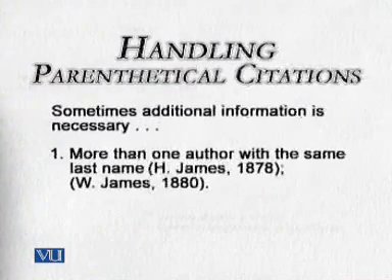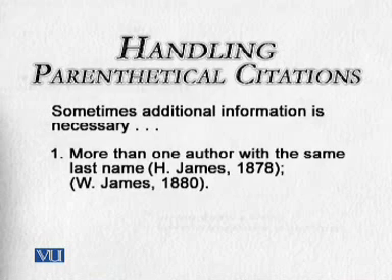You will put this parenthetical citation in two groups inside the brackets, separated with the help of a semicolon. For example, you can see more than one author with the same last name, like James in the first group and James in the second group, these are two same surnames. So what we are doing actually is, first citation, parenthetical citation, and then we put a semicolon and the second citation. So this is how we separate it.